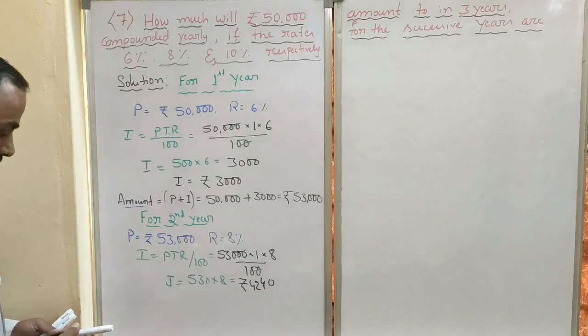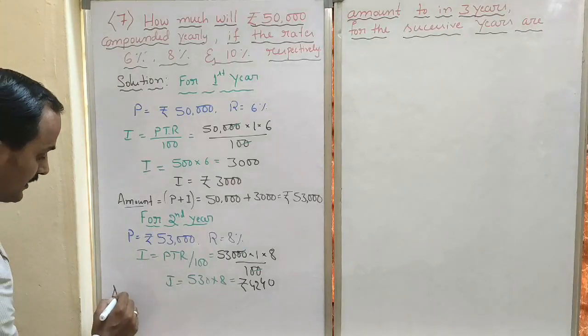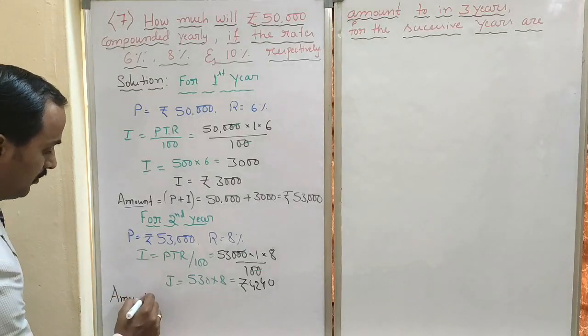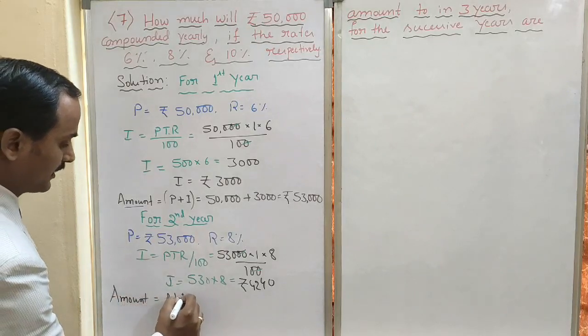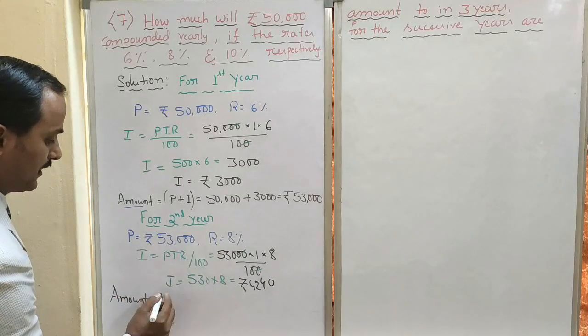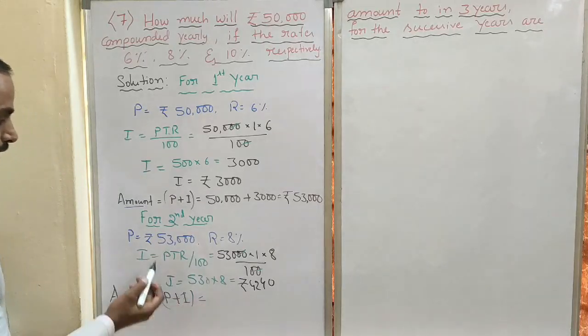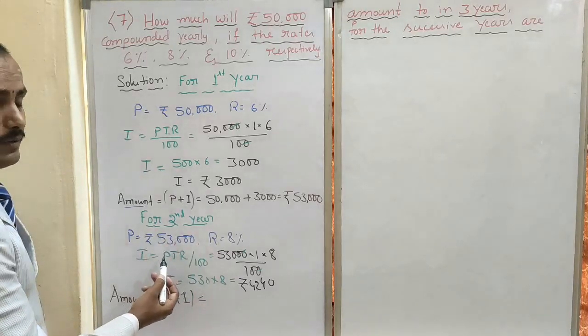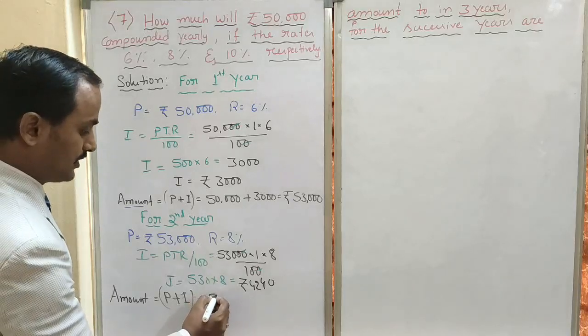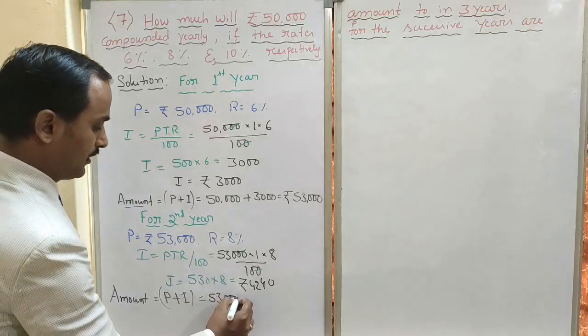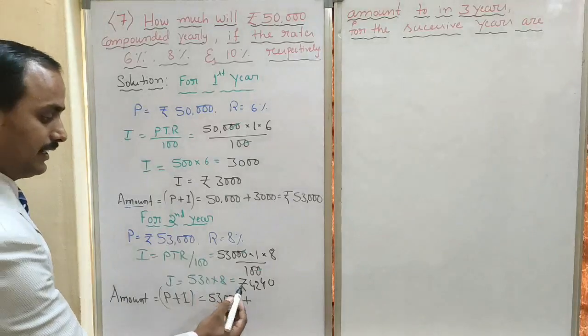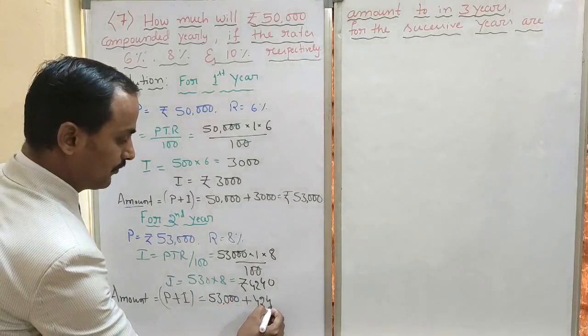Amount for the second year is principal plus interest. Look here, which principal? The second year beginning principal, that is 53,000, plus second year interest 4,240.